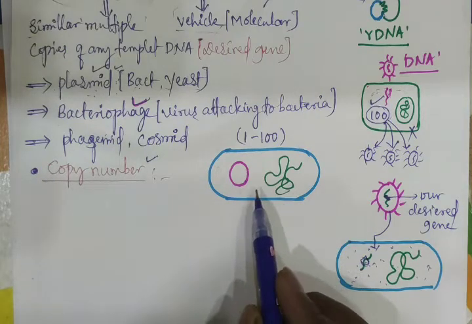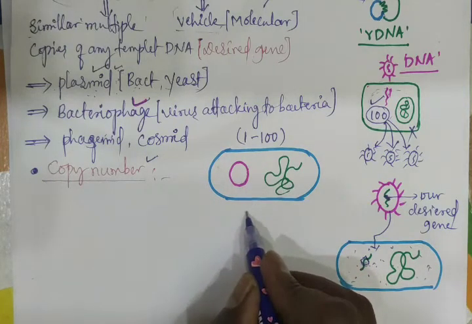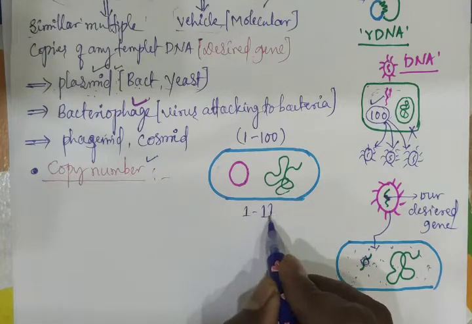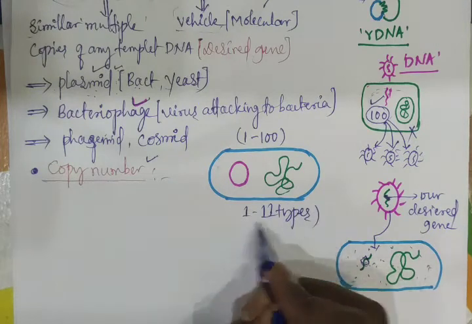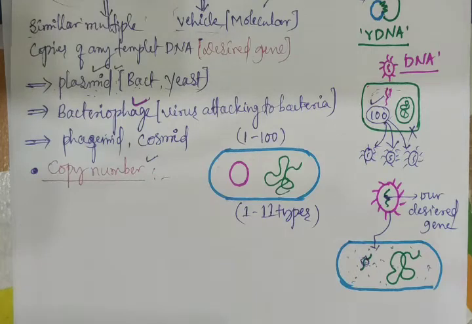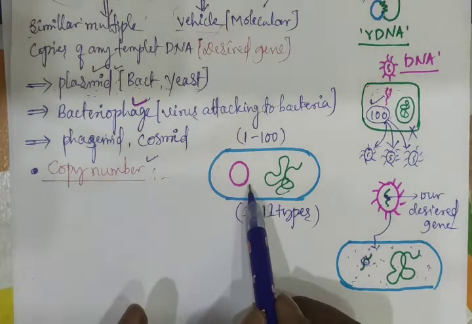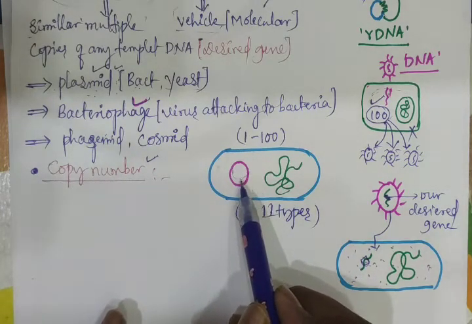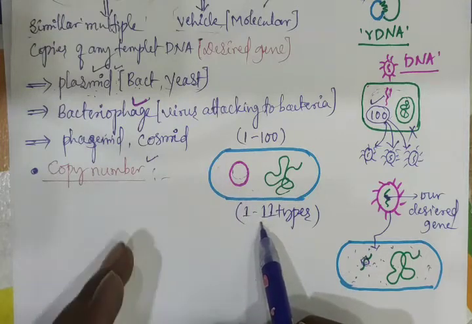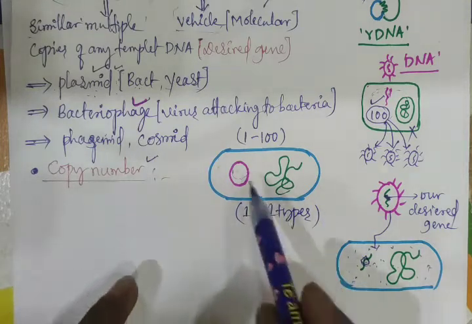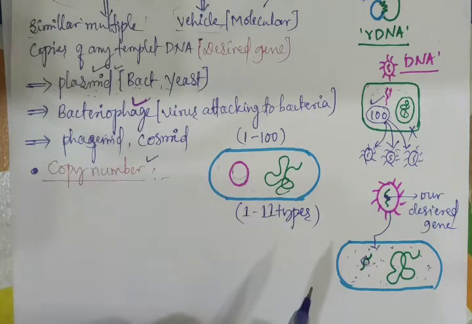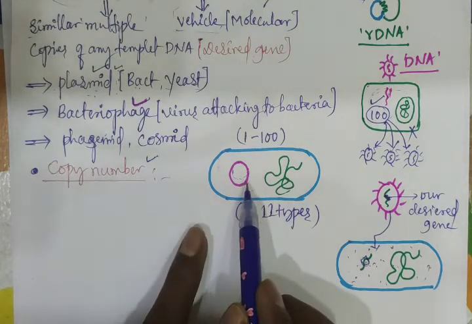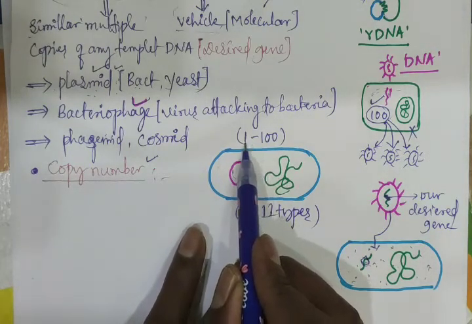And in the same way, 1 to 11 different types of plasmids may be present. I'm talking about the type of plasmid. 1 to 11 different kinds of plasmid may be present in one host cell, and one plasmid's copy number may be 1 to 100.